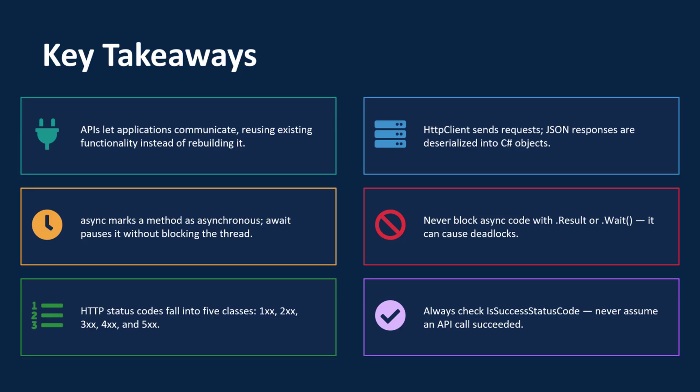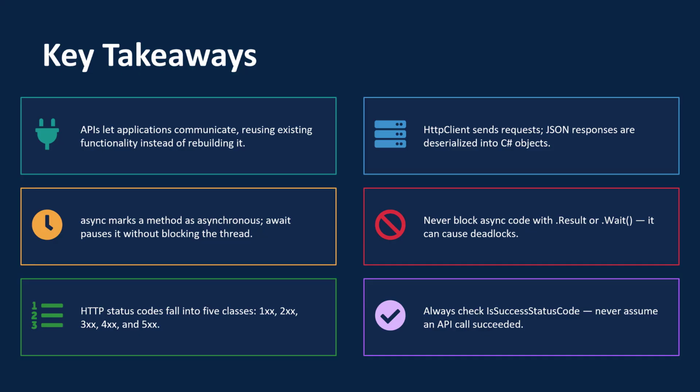So key takeaways. Let's bring it all together. APIs let applications communicate with each other, letting you reuse existing functionality and data instead of rebuilding it from scratch. In C#, HTTP client sends the request and JSON responses are deserialized into strongly typed C# objects using JSON serializer.